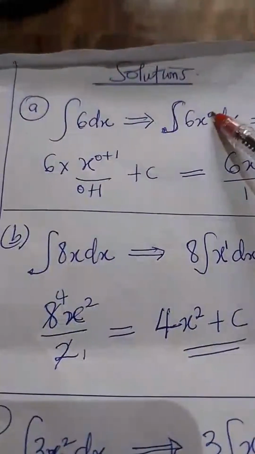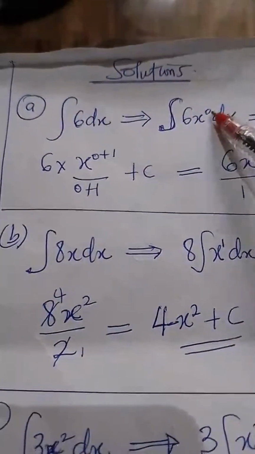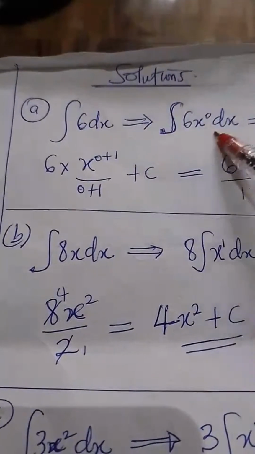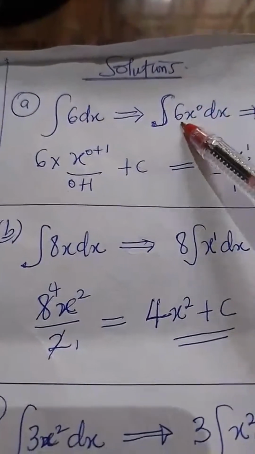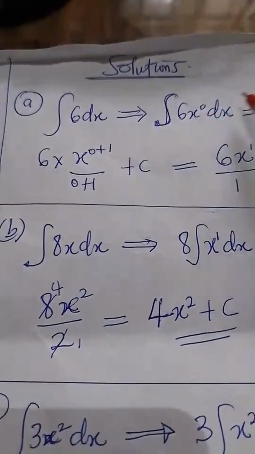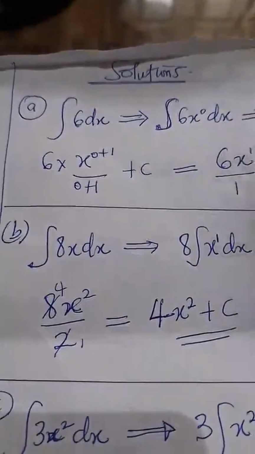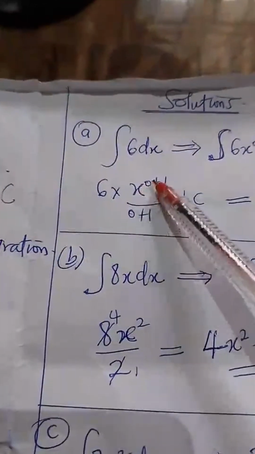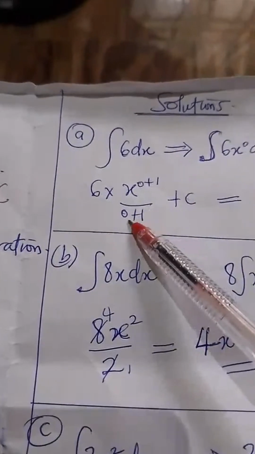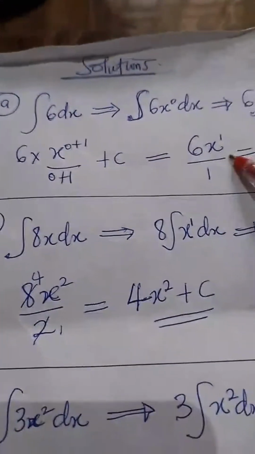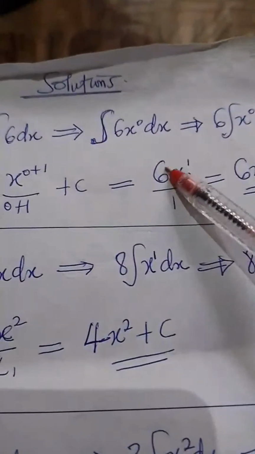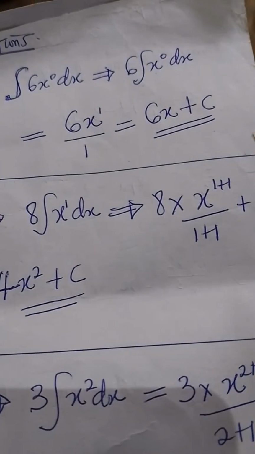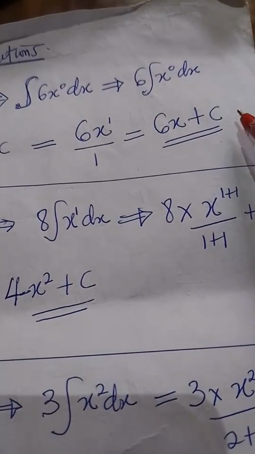You add 1 to the power of 0, divide that by 0 plus 1, so you still have it as 6. That was what happened here. You have x to the power 0 plus 1 divided by 0 plus 1, so you have 6x to the power 1 divided by 1. So you are going to have 6x plus c.